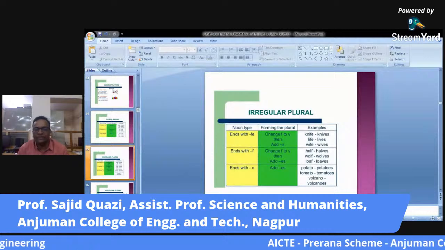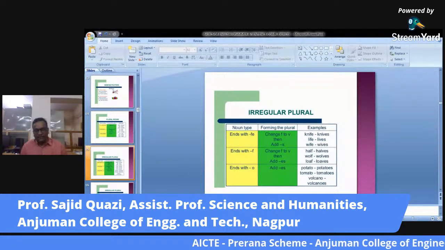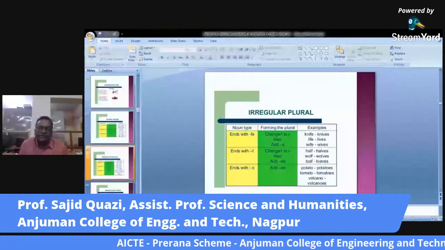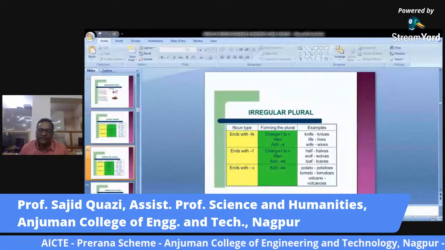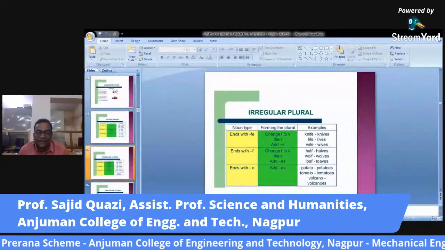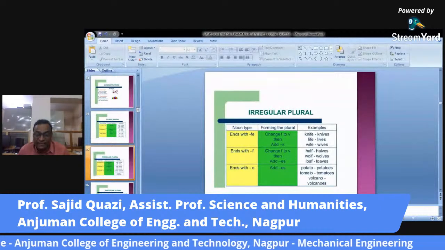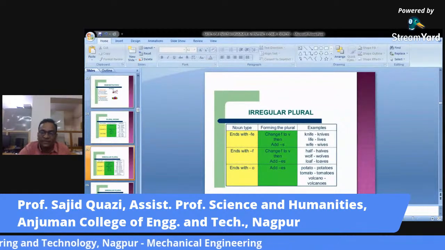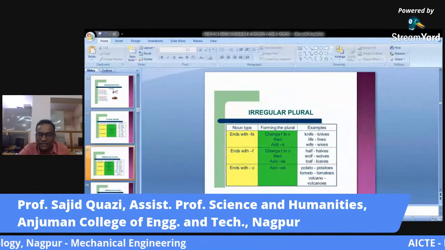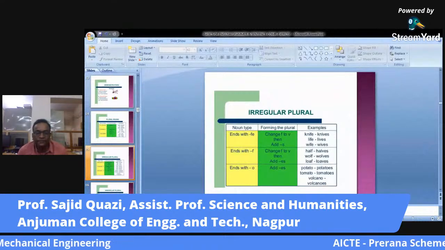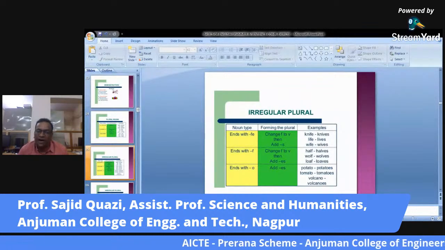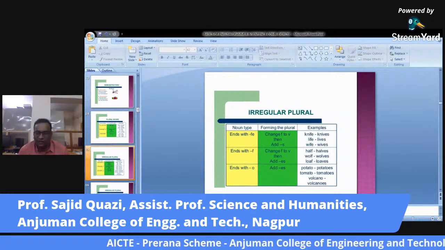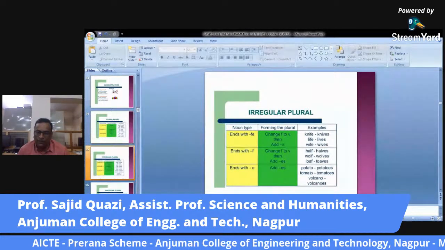Example: knife becomes knives, because f is replaced with v and s is added. Second one, change f only: half, halves. Wolf, wolves. Loaf, loaves.